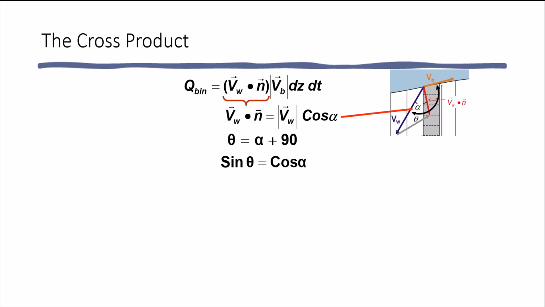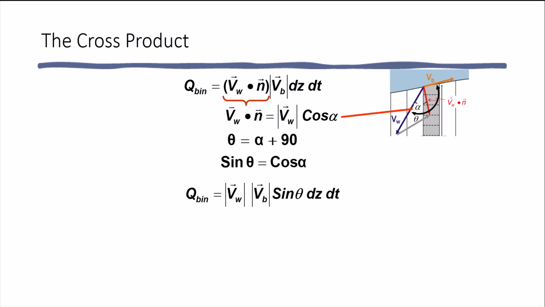Substituting theta for alpha plus 90 degrees results in the discharge equation becoming the magnitude of the water velocity and the magnitude of the boat velocity times the sine of theta times dz dt. Theta now becomes the angle between the water velocity vector and the boat velocity vector.